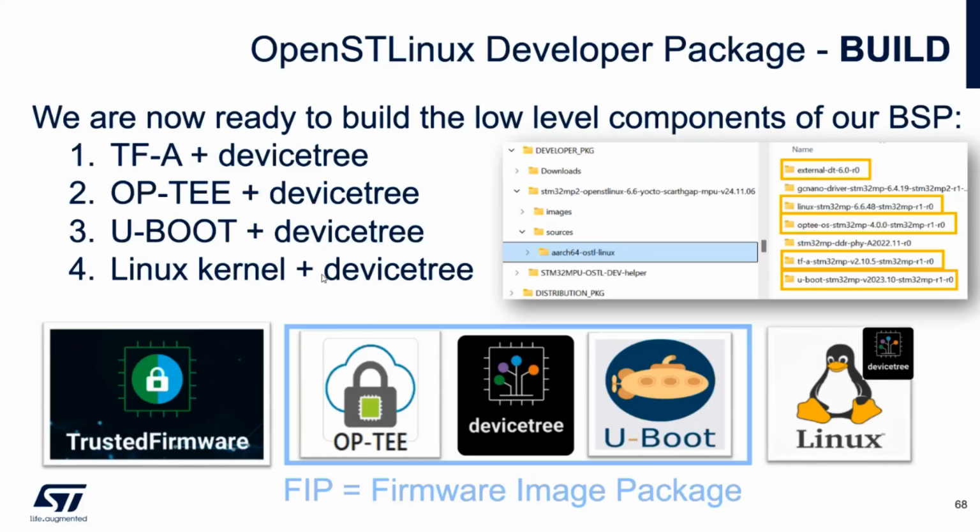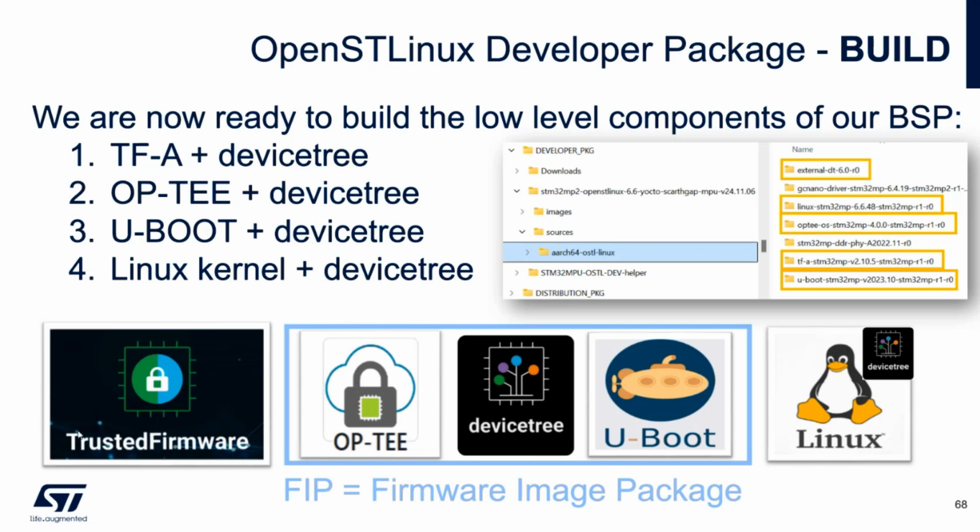So the second operation that we need to complete, the second step, is the build. We need to build the trusted firmware, the OP-TEE, the U-Boot, and the Linux kernel, and the device tree as well. As you know, the device tree is associated with TF-A, another device tree is associated with OP-TEE, another with U-Boot, and another with the kernel.